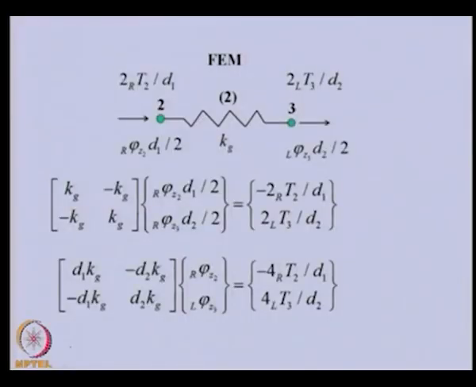Now the same gear element we will develop using the finite element method, and let us see how we can develop the finite element for this pair. So same as before, these are the linear displacements and these are the forces at the two ends. Now we can see that for a simple linear spring, the elemental equation can be written as this: this is the stiffness, these are the linear displacements and these are the forces.